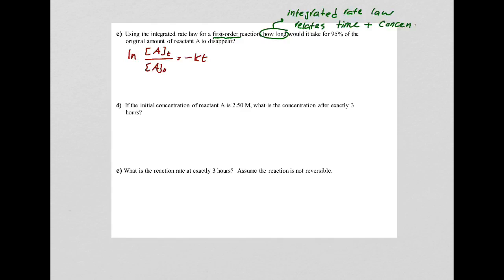Now, if you remember, [A]t is how much is left, and [A]0 means at the beginning, how much you start with. And how long is what you're trying to figure out.